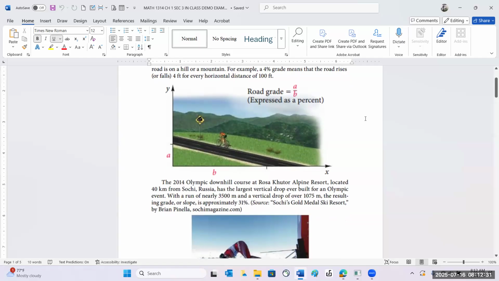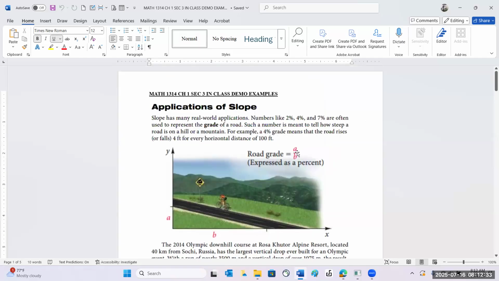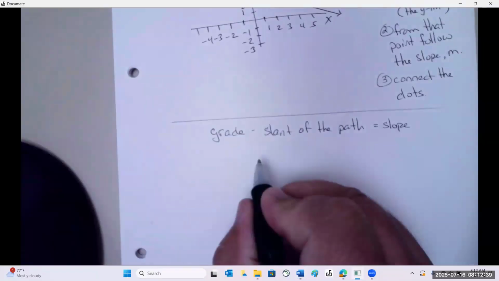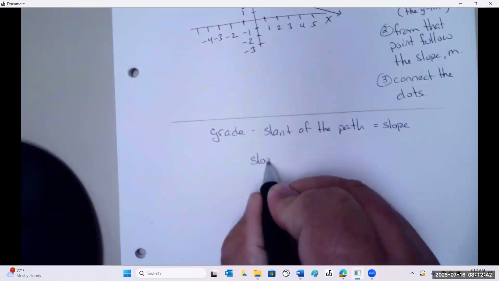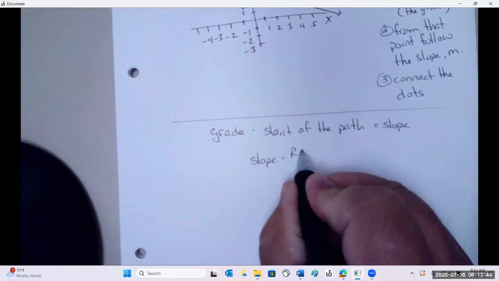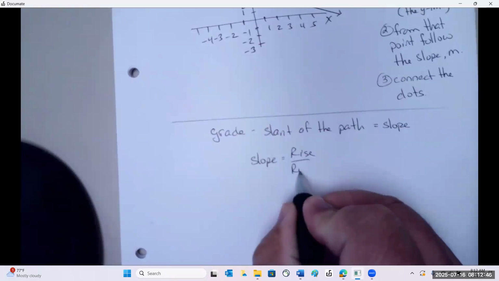Here you have the formula for the slope. When we talk about the grade and slope, we talked about rise over run in this class.